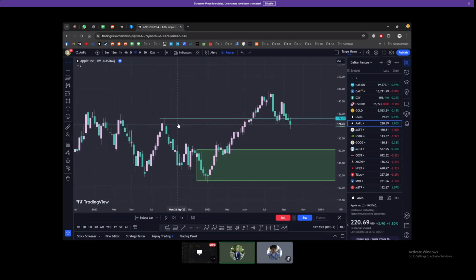Right, so that up candle, the weekly up candle? Yes, this one. That's a bearish order block. The left one, not the wick, the giant up candle. Yeah, this one. So that's a bearish order block which turned into a breaker.